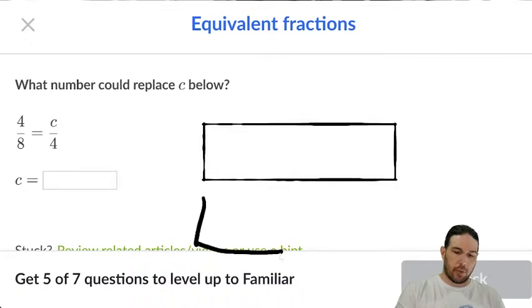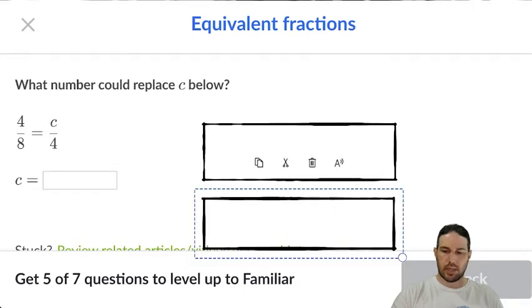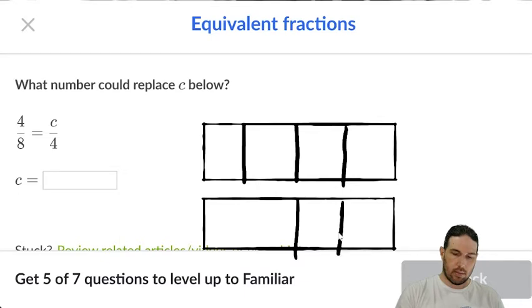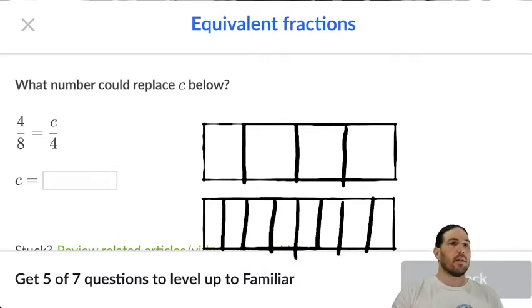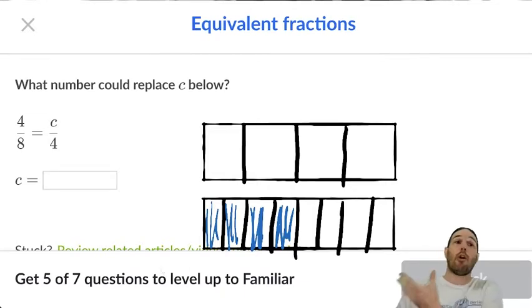Let's see if I can make two that are roughly the same size. Almost. Close enough. And if one of them is split into 4, and one of them is split into 8, then 4/8, 1, 2, 3, 4, would be how many fourths?